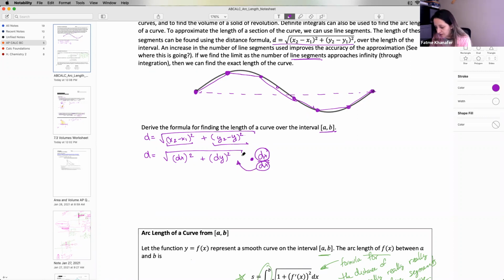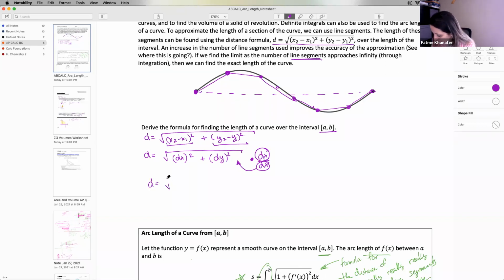radical. Now, of course, we're going to move the bottom one because in order to integrate, remember we need a Leibniz notation, which is represented by a dx in the numerator. So we're going to move that bottom denominator into the radical.